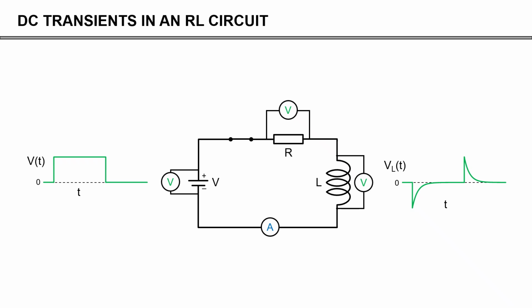So you're going to get an induced voltage inside the inductor that opposes the driving voltage. Here the driving voltage went from 0 to positive. Here the induced voltage goes from 0 to negative. And then on the other side it goes exactly the opposite.